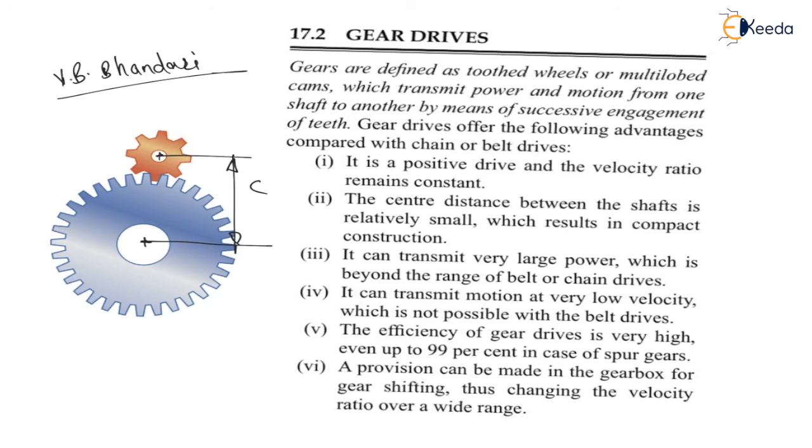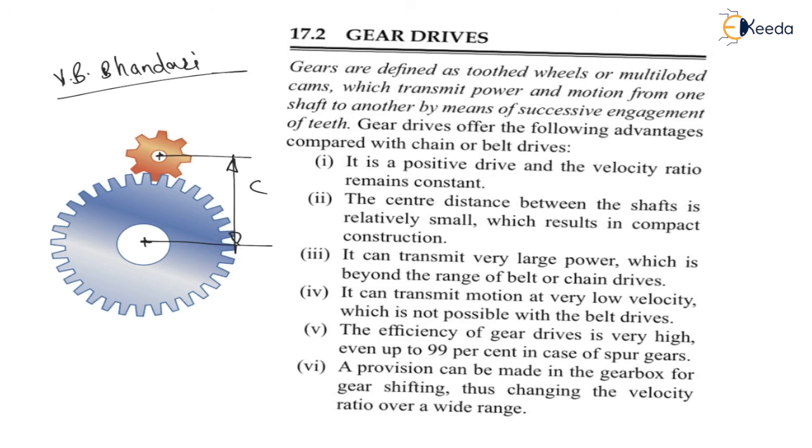If you want to go on top gear, then velocity must be maximum, that is velocity ratio is maximum. But if you want to run on first gear, then velocity must be minimum, that is velocity ratio is minimum, right? Means in gear drive there is a provision to change velocity ratio, and once the velocity ratio is changed, that velocity ratio remains constant, means it is a positive drive.